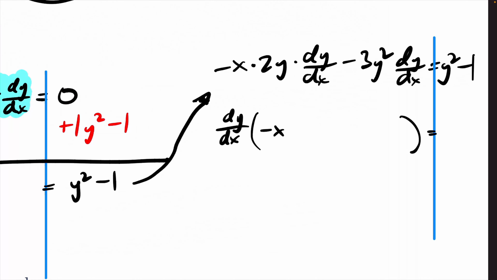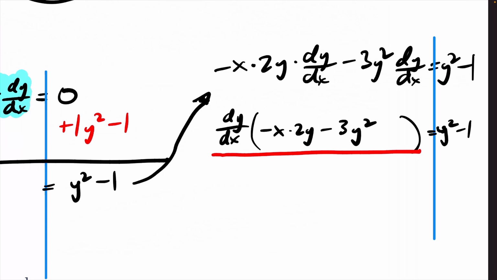So we get negative x times 2y minus 3y squared, and then y squared minus 1. Last step. What was our last step for the last one? Divide by everything we don't want, everything besides dy over dx: negative x times 2y minus 3y squared.